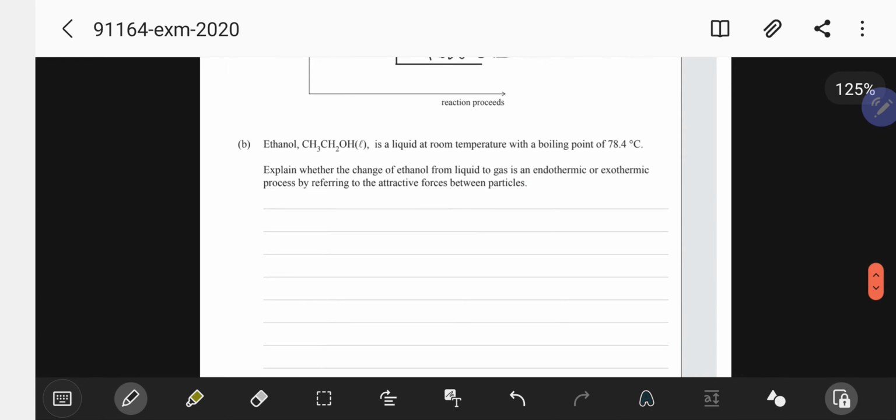Next question. Ethanol is a liquid at room temperature with a boiling point of 78.4. Explain whether the change of ethanol from liquid to gas is an endothermic or exothermic process by referring to the attractive forces between the particles. So when any substance goes from liquid to gas, bonds break.